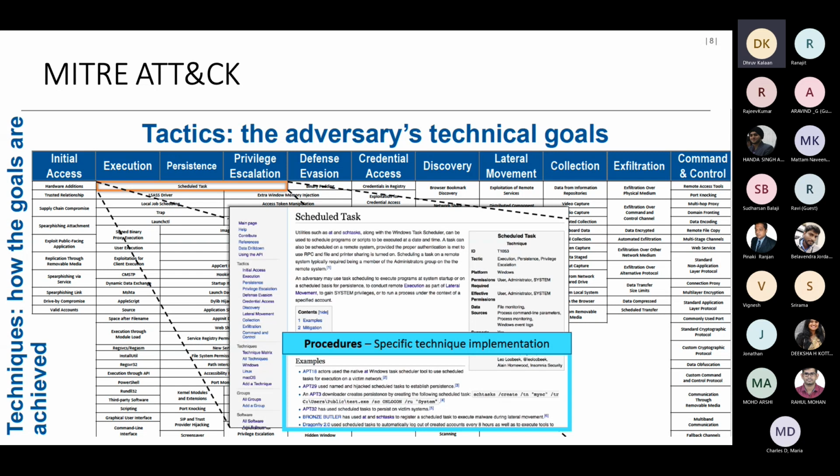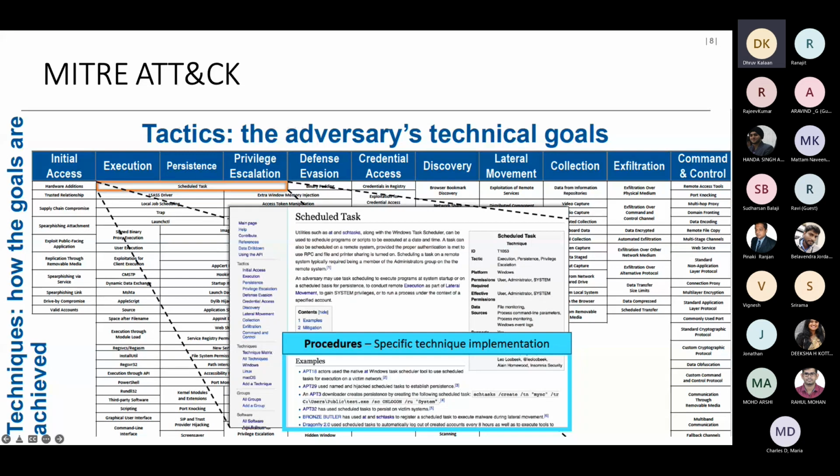What are the defense evasion techniques? What are the credential access? What are discovery, lateral movement, collection, exfiltration, C2, right? Now, the basics of this do not change at the end of the day. It remains the same. Every attack or every tactic that a person will actually do will be part of one of these things that you're talking about.